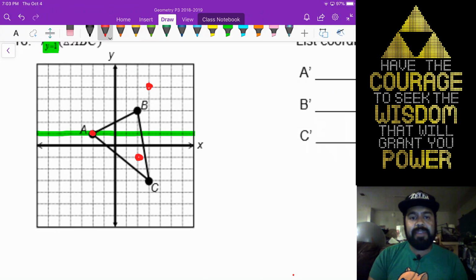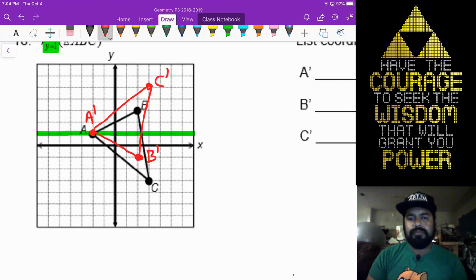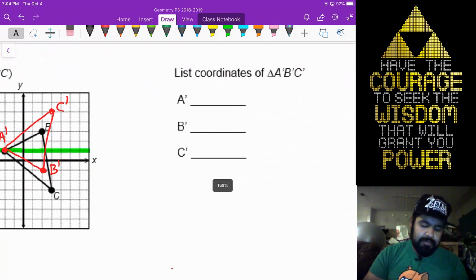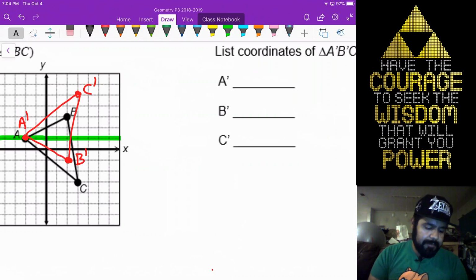So again, make sure you label your points. Part of what I'm going to be grading you on is proper notation. So after you've connected your triangle, we got to label them. This right here is C prime, B prime, and A prime. So again, list the coordinates. We're going to just write out each ordered pair. So that's going to be negative 2, comma 1.